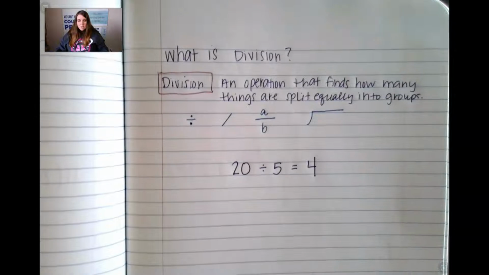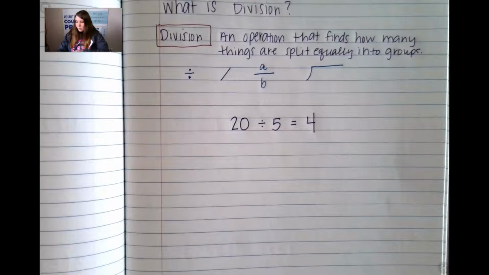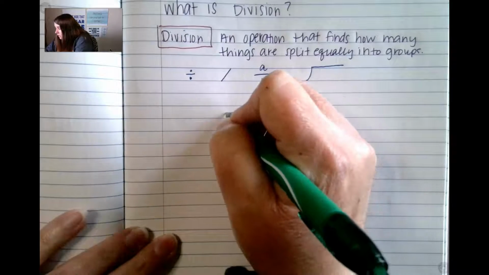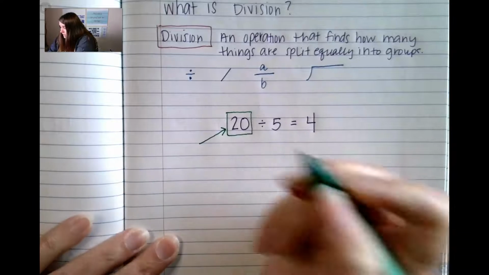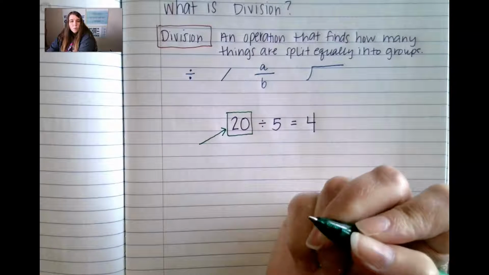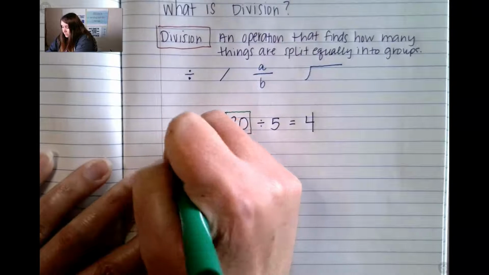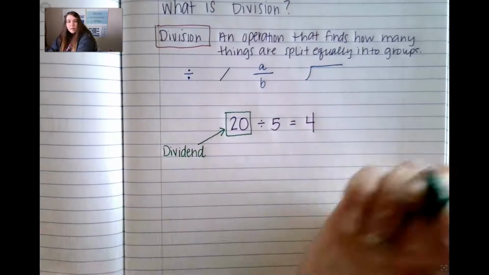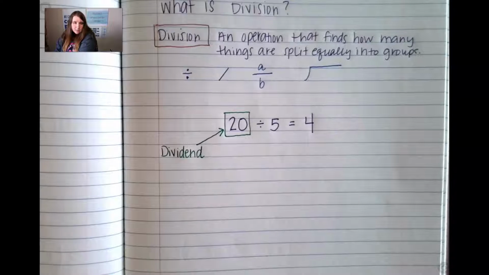Okay, so we're going to use this math problem right here. We have this with the green box. This 20 right here is called the dividend. All right, so this is the dividend. This is the number that's going to be shared or split equally.